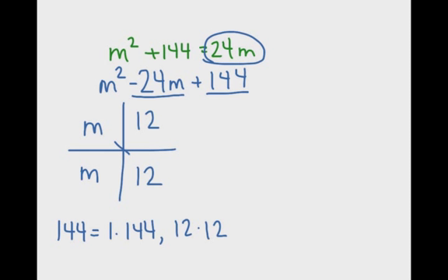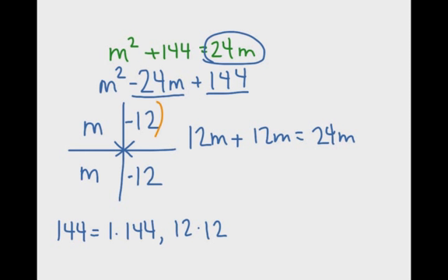Okay, then we cross multiply. 12 times m is 12m, plus m times 12 is 12m again, and that equals positive 24m. So we see we want a negative 24m, we ended up with a positive 24m. That means we just need to change our signs. So we're going to make both of these a -12.